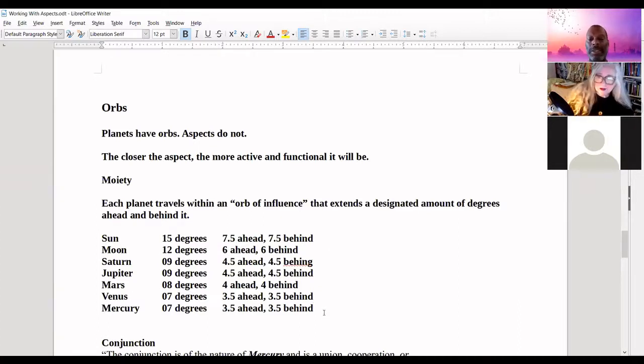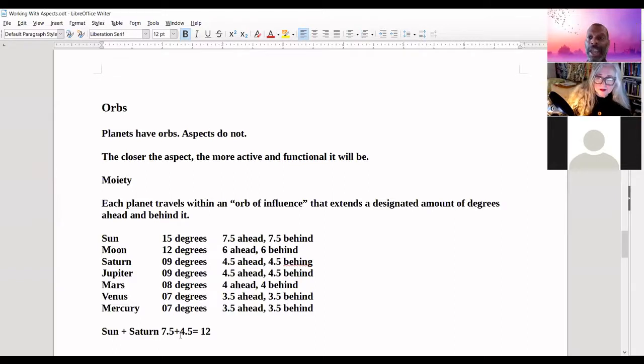Why did we put this? It's because in order to know when the actual influence of 2 planets comes together, let's say we're talking about the sun and Saturn, like I have in my chart, I would add 7.5 to 4.5, which equals 12. 12 degrees is when their orbs touch.